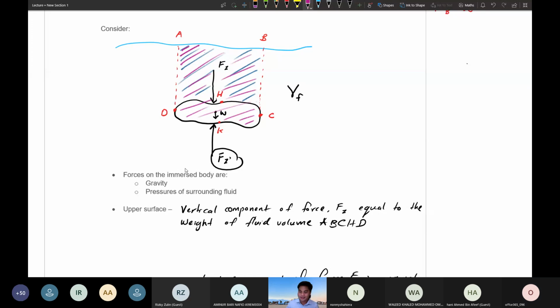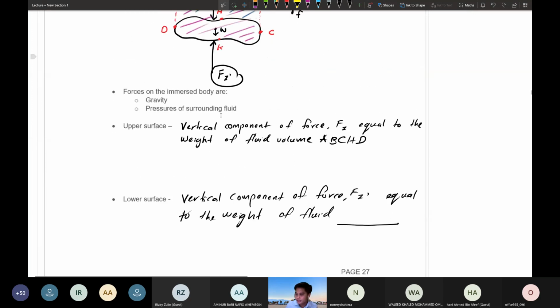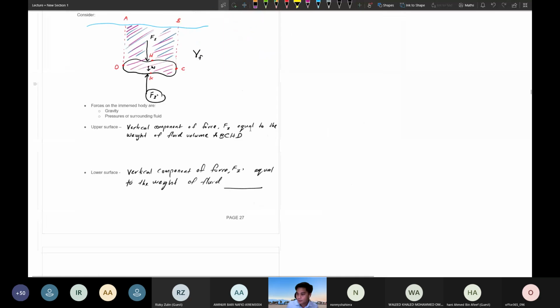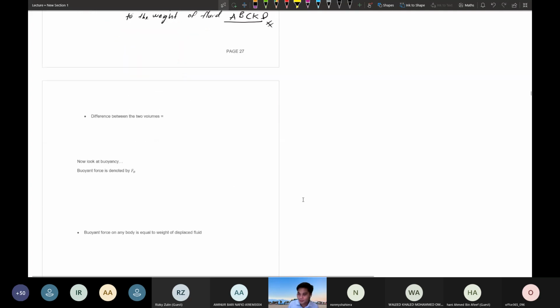Understand, everyone? In order to get Fz prime from A, B, C, K, and D, you name it. That is very simple. So the difference between two volumes.